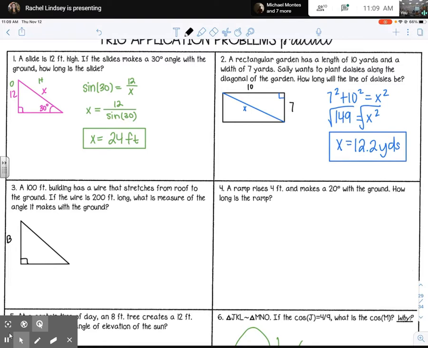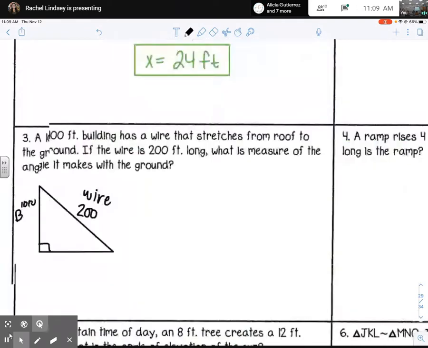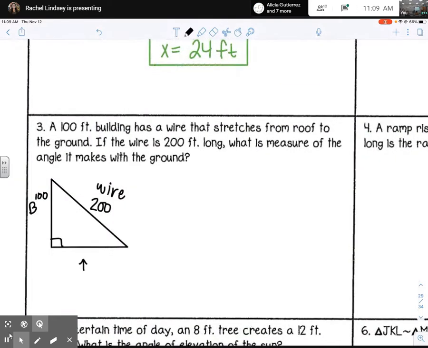This would be the wire. The building would be 100, the wire would be 200. And then this will be the ground. It wants to know what is the measure of the angle that that wire makes with the ground. So that's what I'm trying to find right there, is that angle.